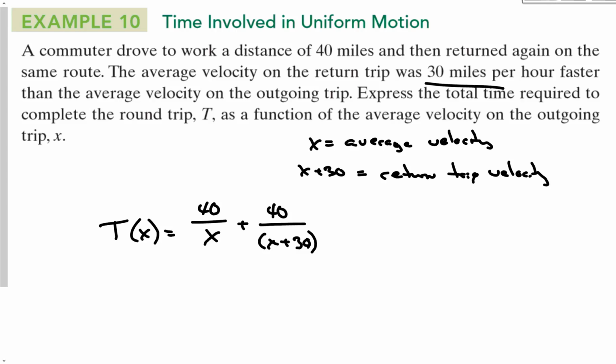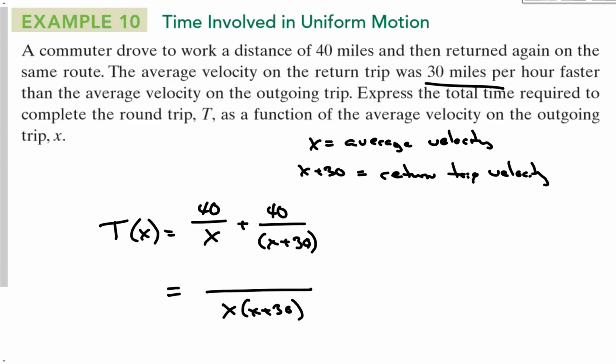Now, of course, you should not leave it like that. We should make it a nice rational function, which means that in order to add these two together, I'm going to need a common denominator, which is going to be x times x plus 30.